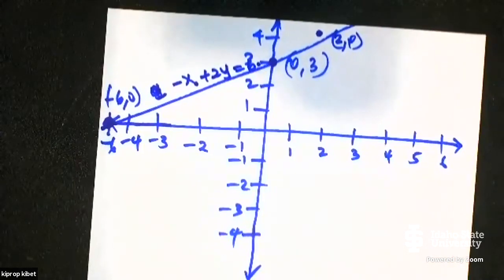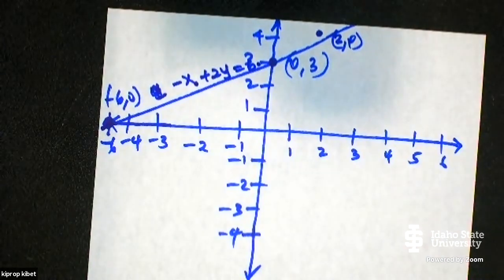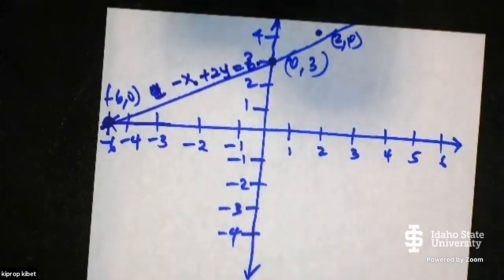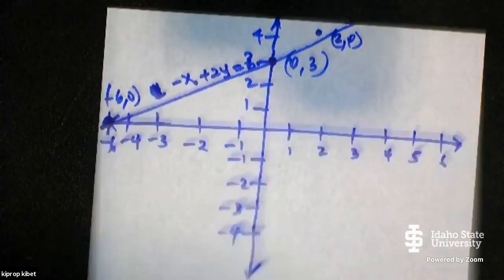So that line is minus x plus 2y equals to 6. Are we together? Is it clear? Any problem?